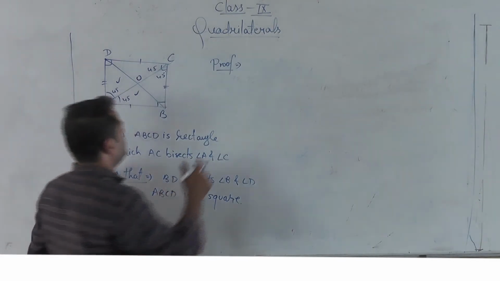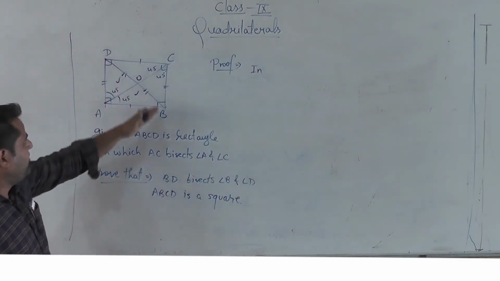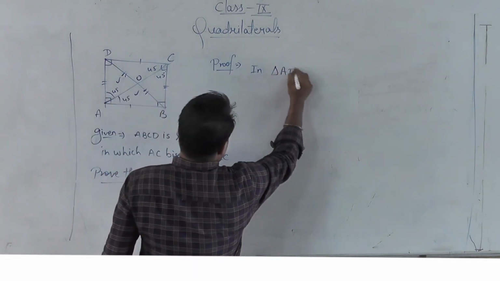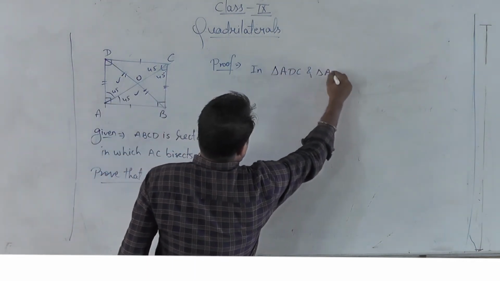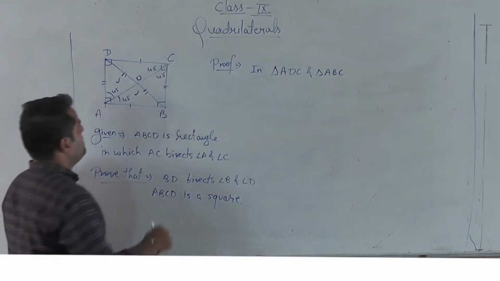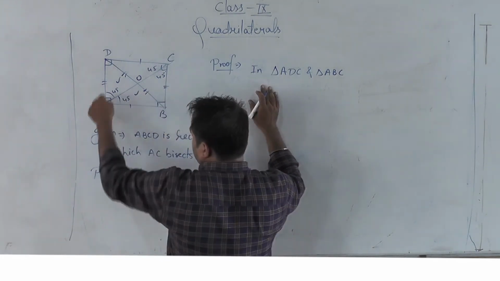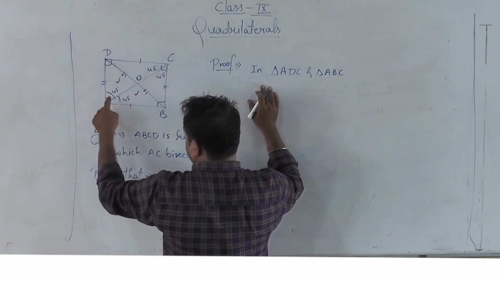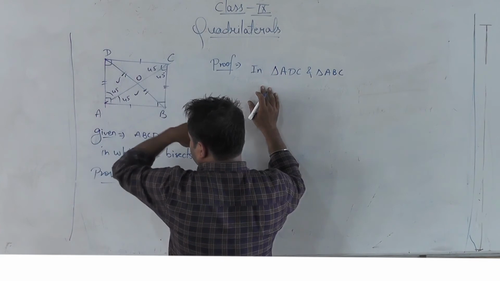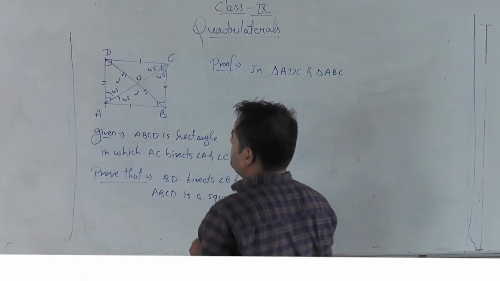So I am taking this triangle ADC and ABC. Let's compare them. So in ADC, this angle is 45, this is also 45. So that these two sides become equal.